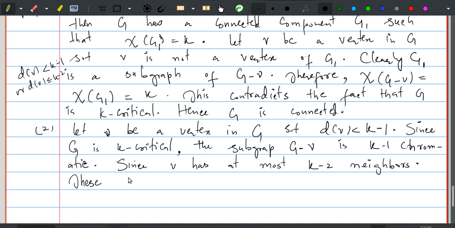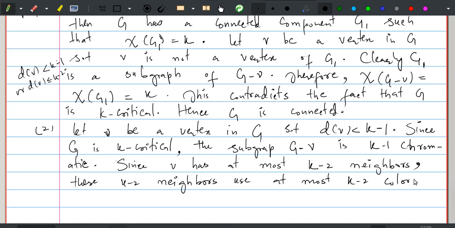Since v has at most k minus 2 neighbors, these k minus 2 neighbors use at most k minus 2 colors in the k minus 1 coloring of G minus v.